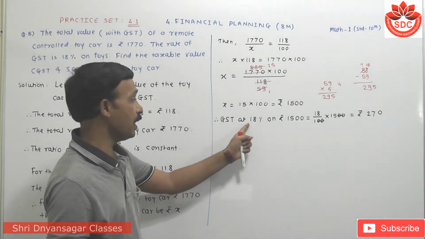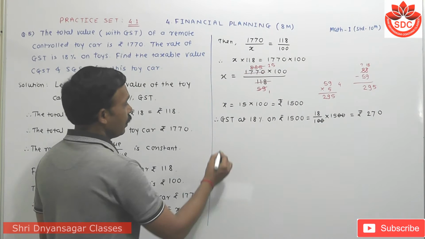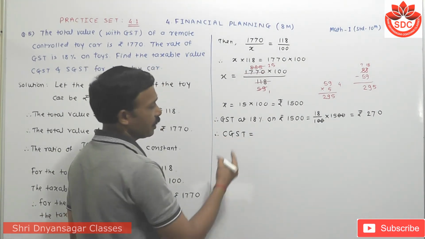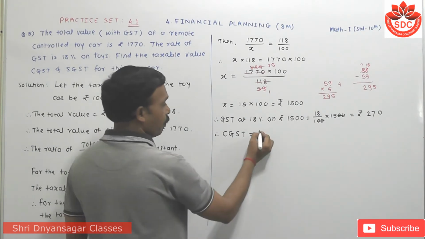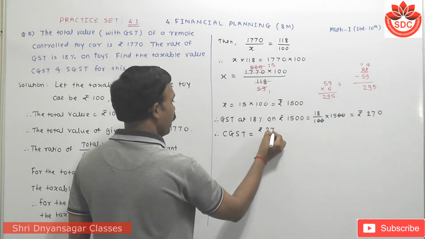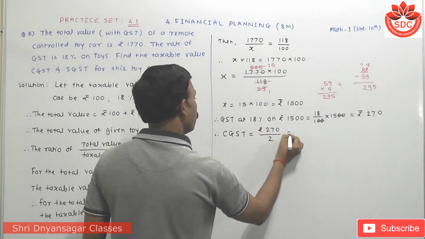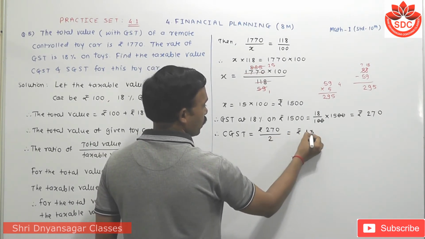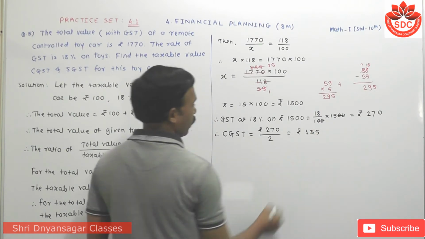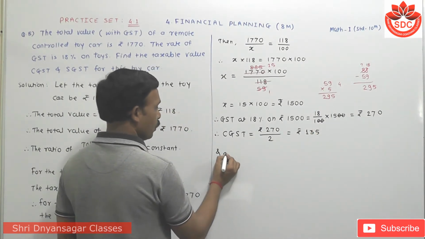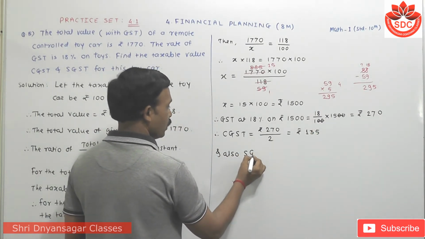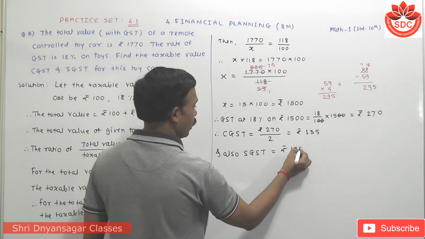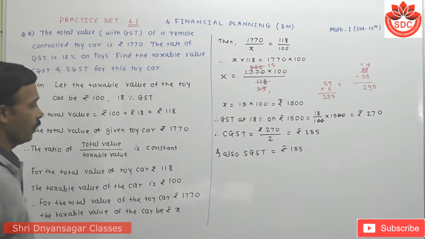This is the GST at 18%. Therefore, CGST is half of this GST, that is rupees 270 upon 2, which is rupees 135, and SGST is also rupees 135 because they are the same.